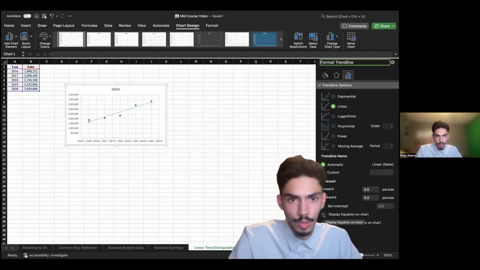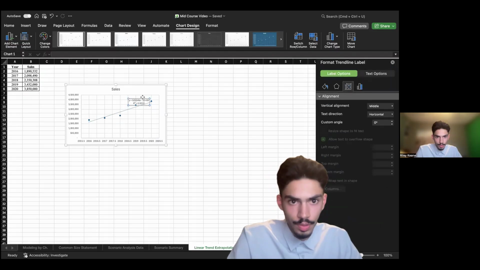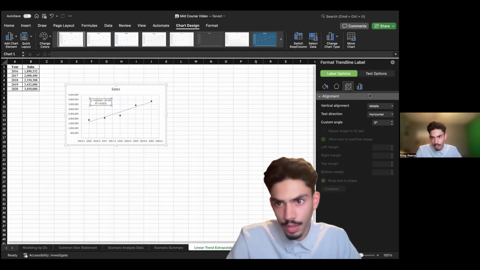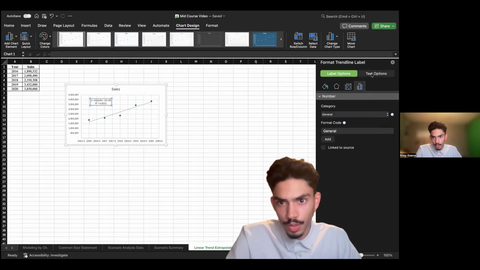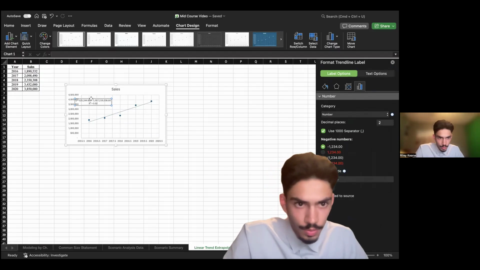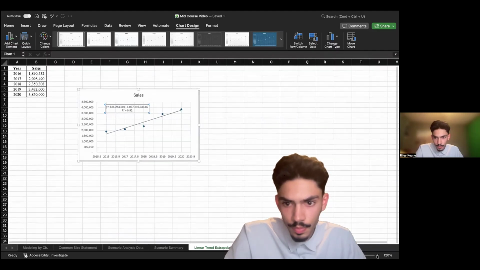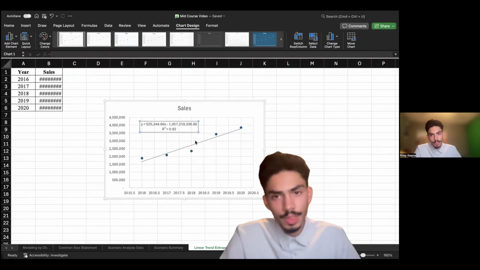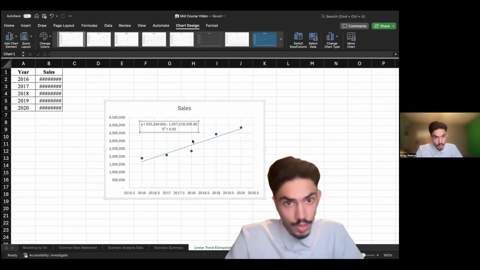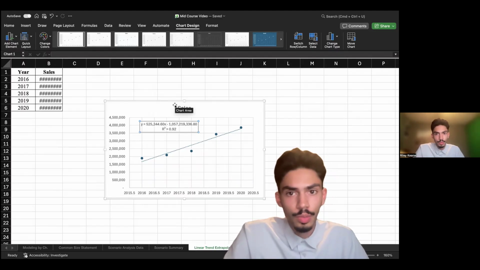So when we're here, we're going to want to display the equation as well as the R squared value. So we're going to move these over here, and we're going to change the category to numbers so we can see the full numbers here. So from this, we can see there is a correlation of 0.92 or 92% correlation.